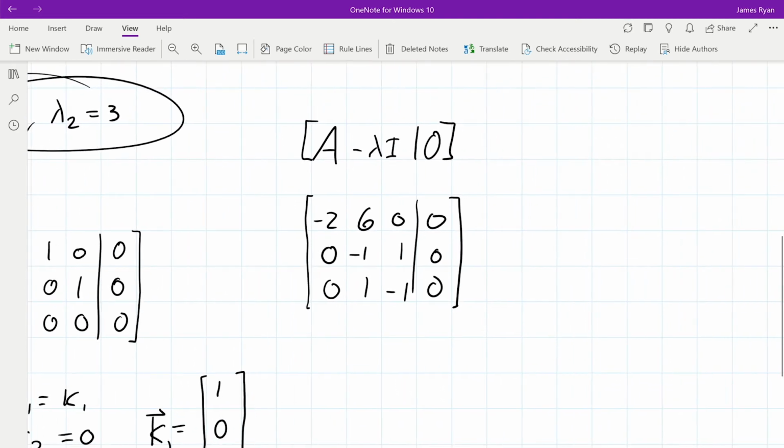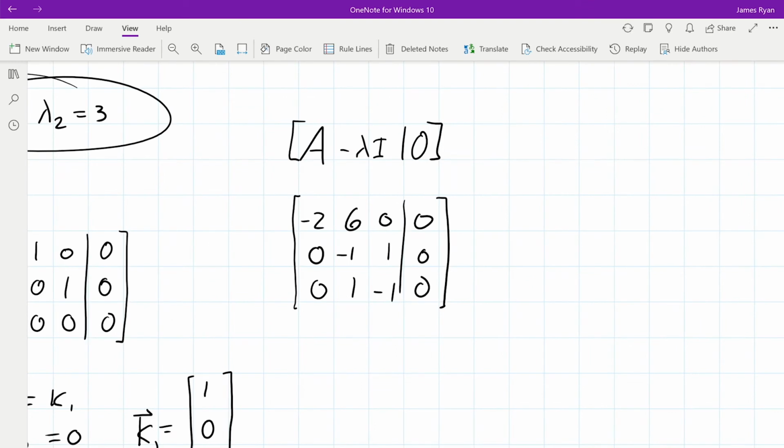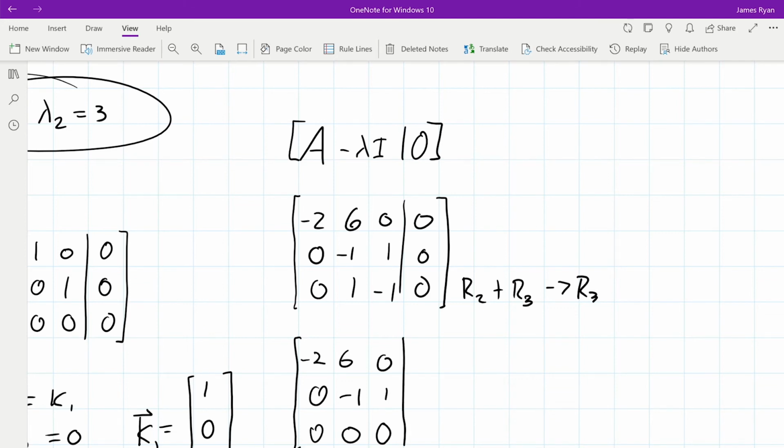So let's see. We can add row 2 plus row 3 and get the new row 3. And that will give us negative 2, 6, 0, 0, negative 1, 1, 0, 0, 0. But that's really all we can do with this matrix.